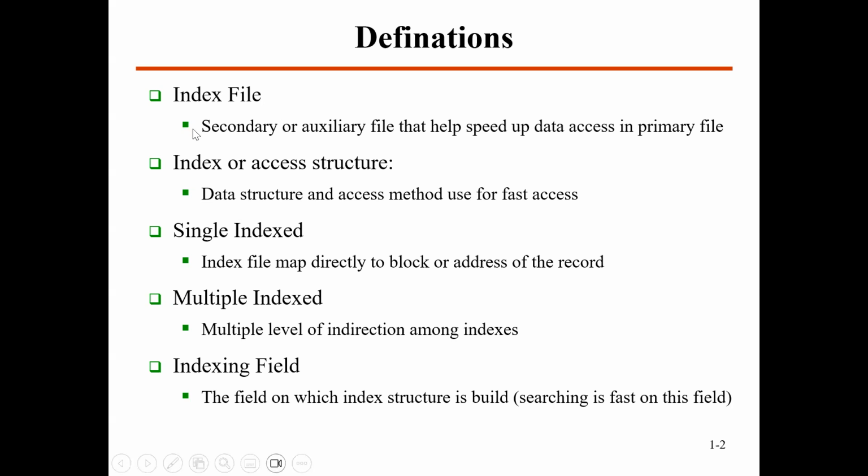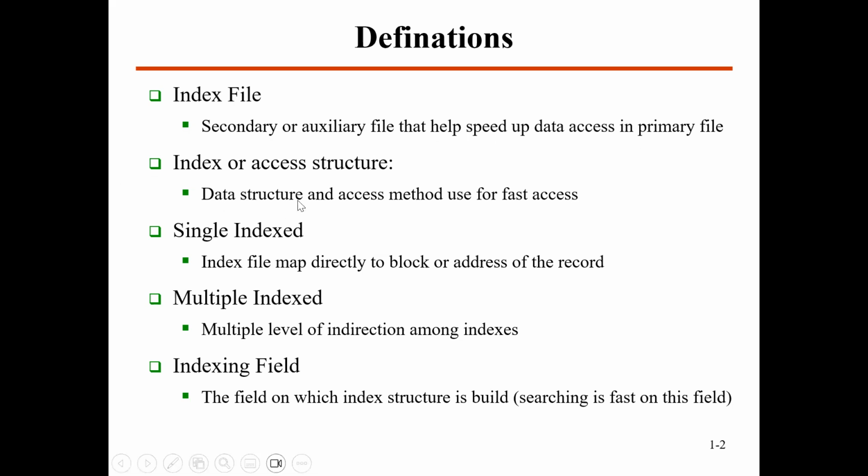Okay, how is this helping? Because the index is going to help you access the data files by using the index structure. Index structure is a data structure that helps for fast access. In our case, we said that if we have a huge textbook and you want to search for a particular term, then we use the index pages that are made separately, which help you to locate a specific term in the primary textbook, which is very huge.